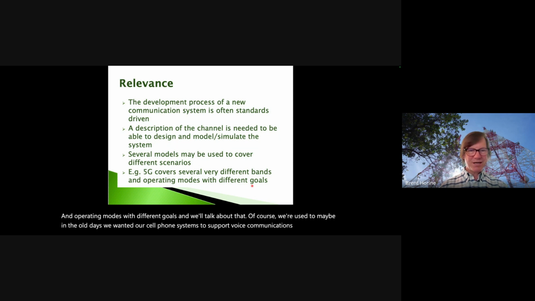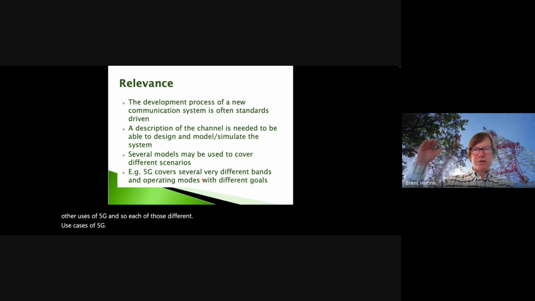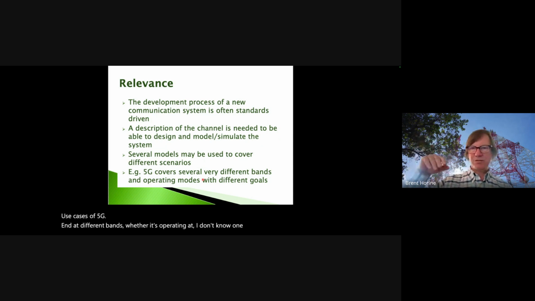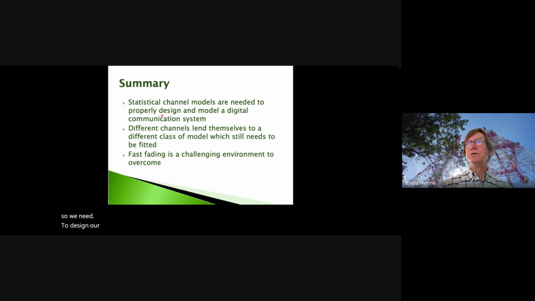Now we're texting and browsing and using apps, right? There are lots of other uses of 5G, and each of those different use cases, at different bands, whether it's operating at 1.2 or 2.5 or 5 gigahertz or 700 megahertz, in urban, indoor, rural, or highway settings, all have different channel characteristics. So we need to design our system to handle all those situations.